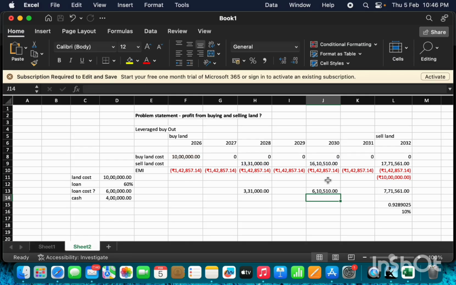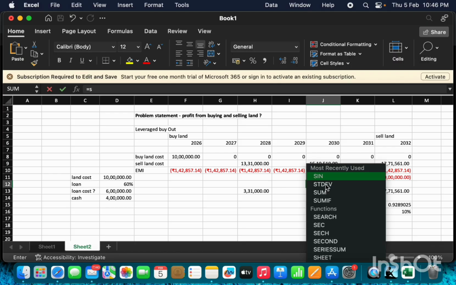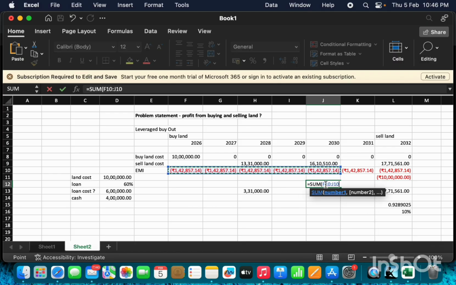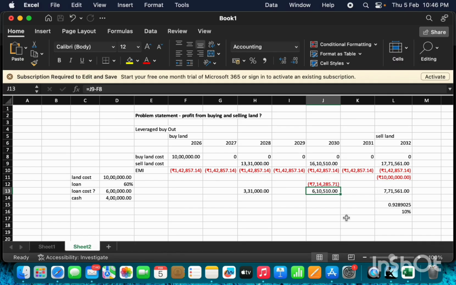How much is pending on the bank side? So 7 lakhs I've paid. So I still have to pay 3 lakhs to the bank, which means I'll be in a profit of 3 lakhs again, but I invested 4 lakhs. So the only plausible case I see is selling my land in 2032, or there is one more variable at play here.